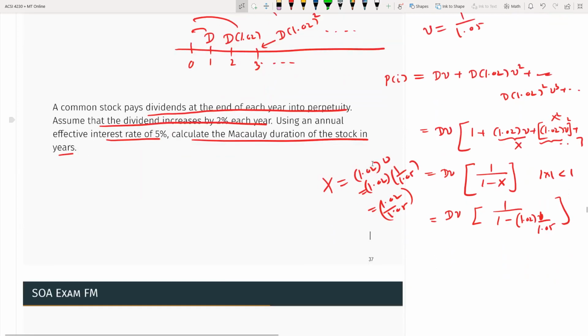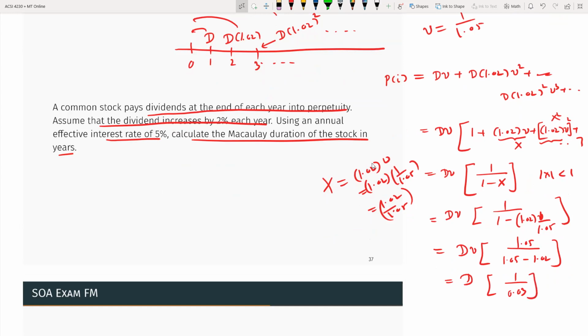When you do this, you can easily see the V times 1.05 is going to cancel out. So you will end up with D times 1 over 0.03. So basically D divided by 0.03, or 100D divided by 3.